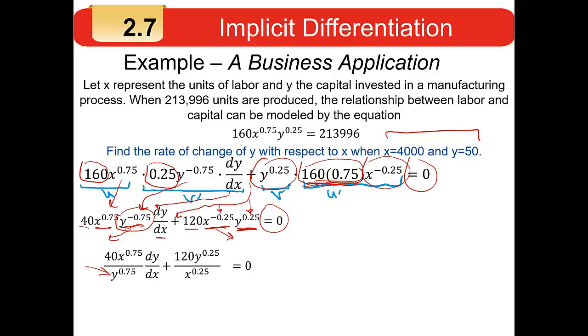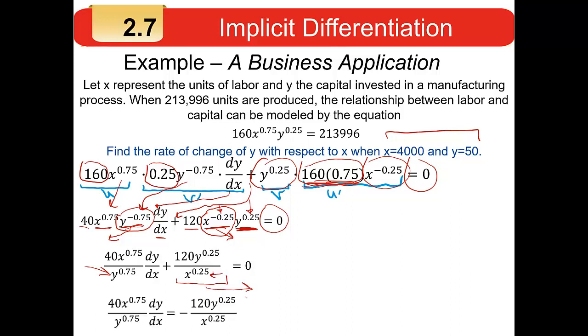The y to the positive 0.25 stays where it is. The only thing that happens is the x to the negative 0.25 becomes an x to the positive 0.25 in the denominator. Everything else is the same. And again, it looks a little better than it did before. The next step in the process is to take any term that doesn't have a dy over dx in it and move it to the other side.